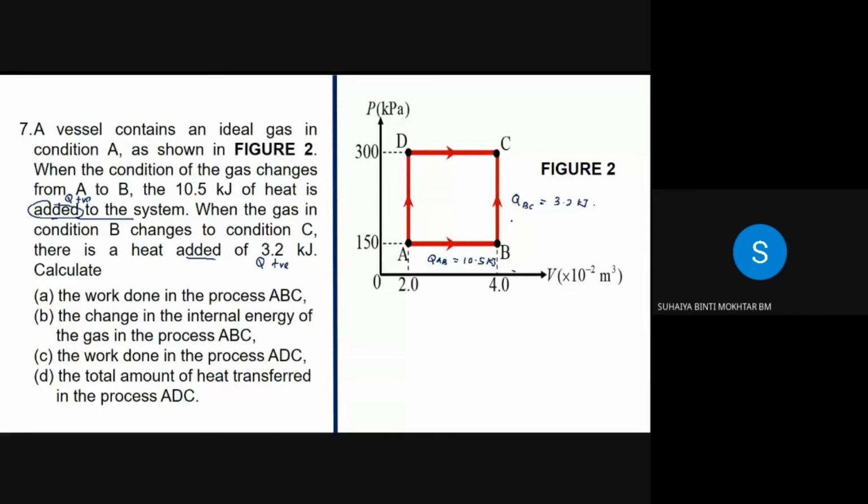And then for case isochoric, this one is isochoric, constant volume. Okay, so this one is initial pressure 150, finally increase to 300 kilopascal.